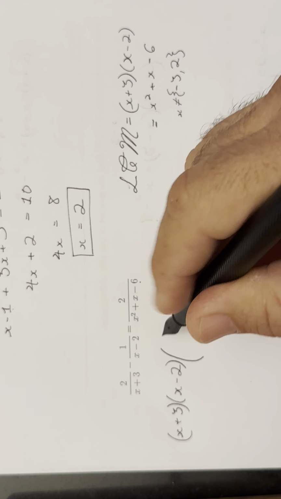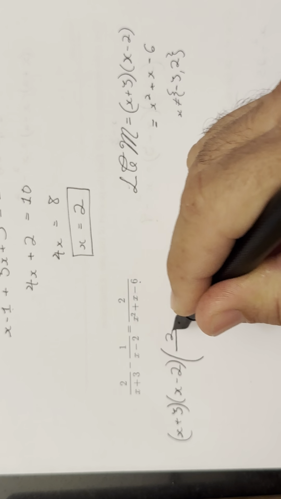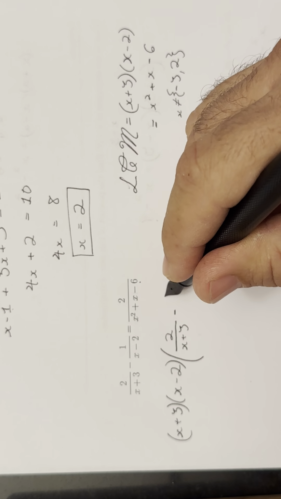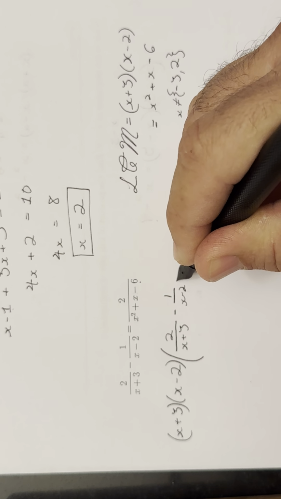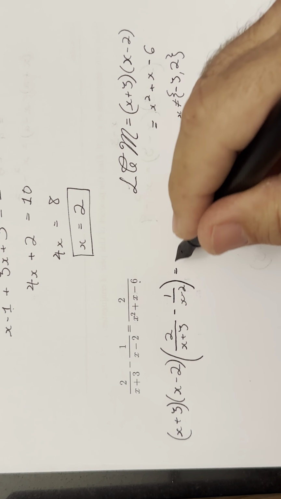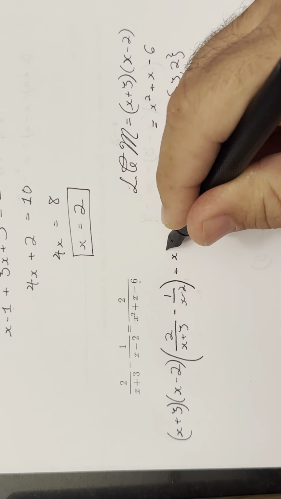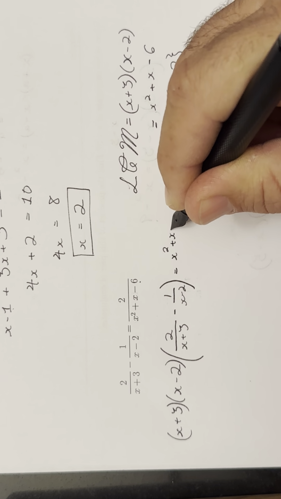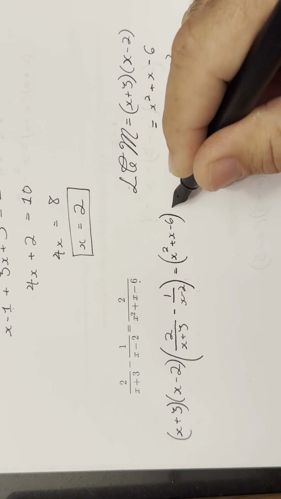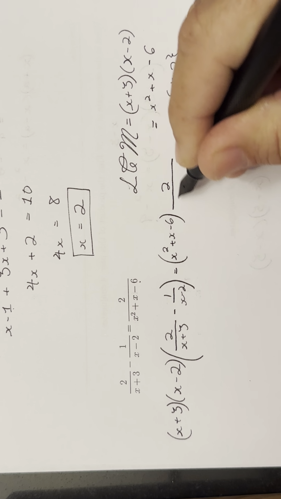And then we write the left-hand expression. And this all equals, right? That's what we're multiplying the right-hand side by. Now I write the right-hand expression.